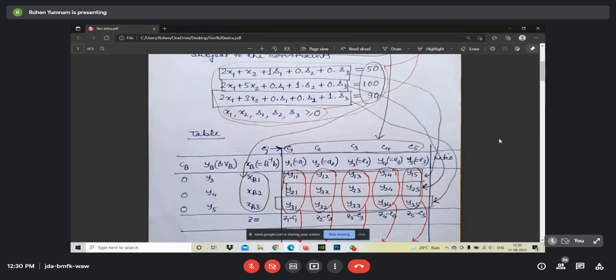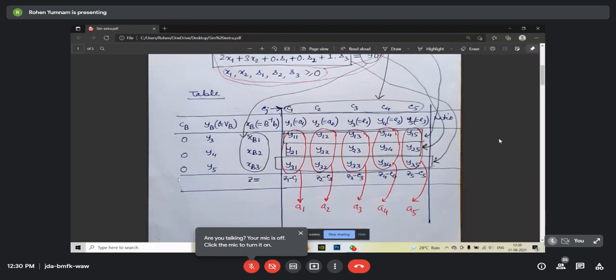All variables we call Y1, Y2, Y3, Y4, Y5, or the non-basic vectors as A1, A2, A3, and the basic vectors as E1, E2, E3. These will be the basic vectors, or you can say component vectors of the identity matrix.